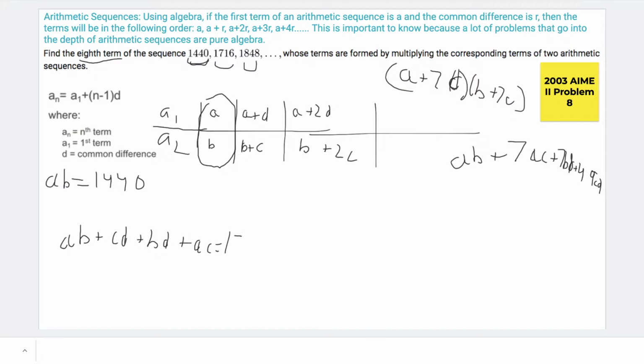We know AB is 1440, so 1716 minus 1440 gives us 276. So this is just CD plus BD plus AC equals 276.